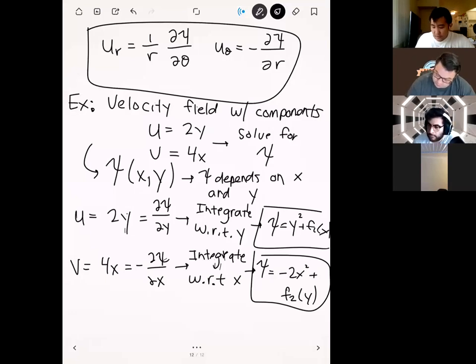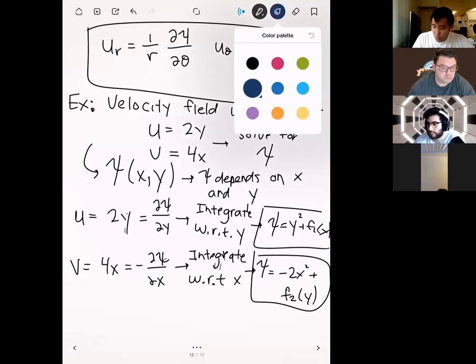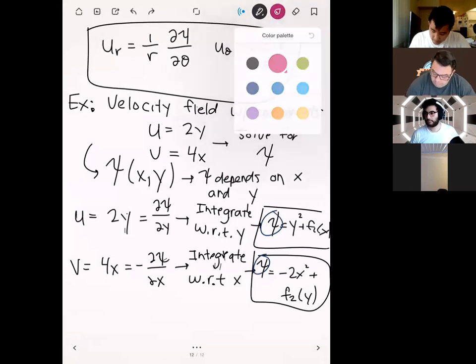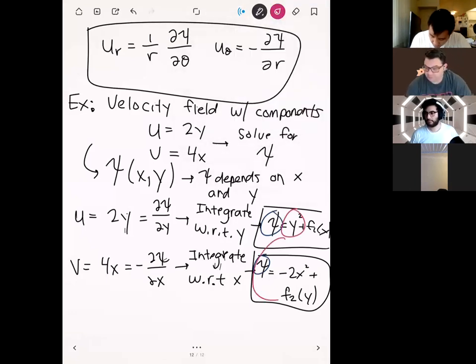Since these have to be the same psi, even though we performed the integral in two different ways, this psi has to be the same as this psi. And so what we can say from this is that this y squared has to be our function f2 right here, because f2 is only a function of y, and the only thing that equates to this in the above is y squared.